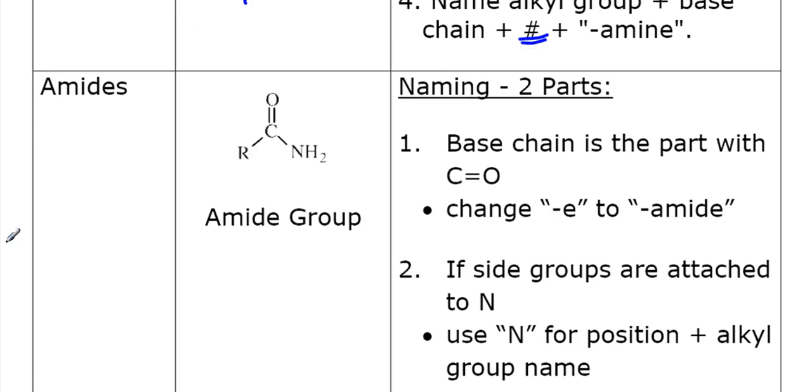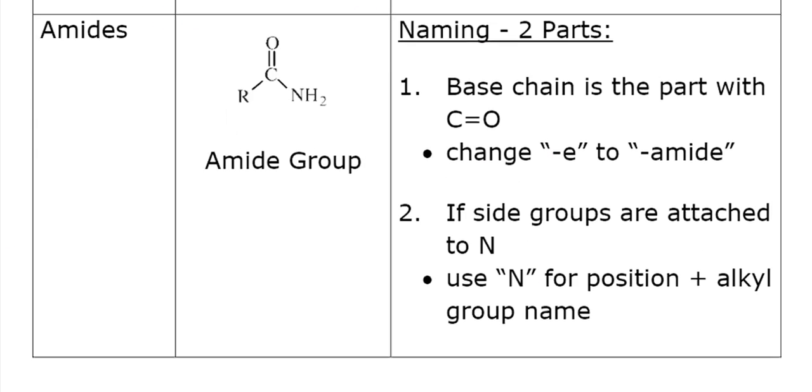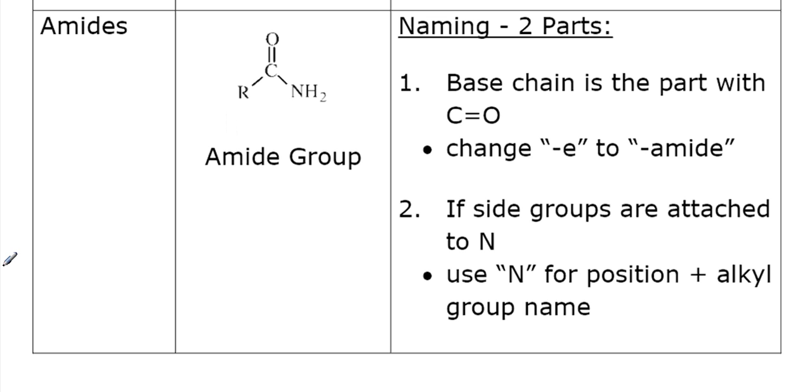Last one up are amides. Amides are similar to amines, but a little bit different. When we look at the functional group to start, an amide group has a carbon with a double bond to oxygen, and it'll have a single bond to nitrogen showing that amino group on there, but this carbon has to have both attached to it to make it an amide.